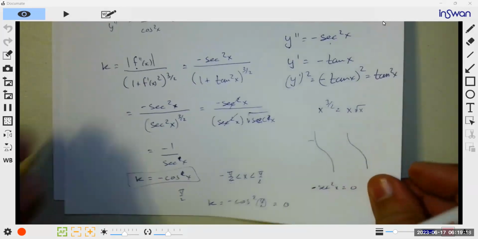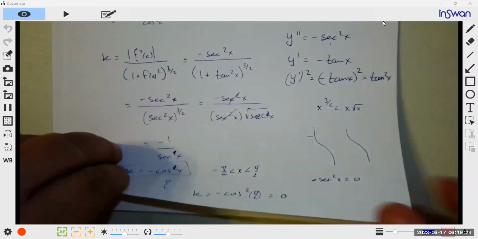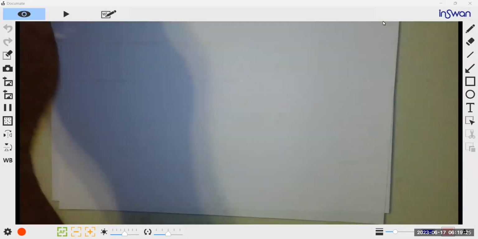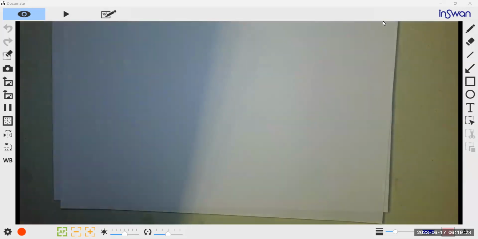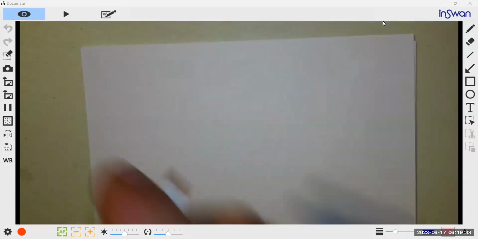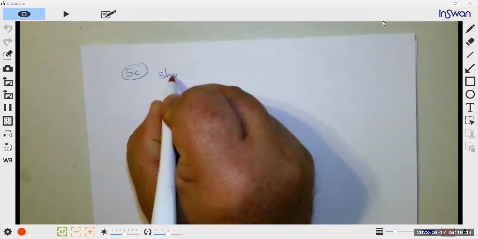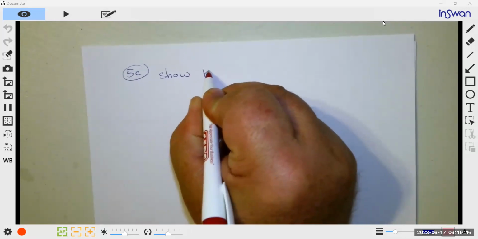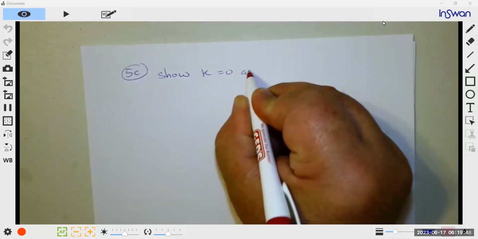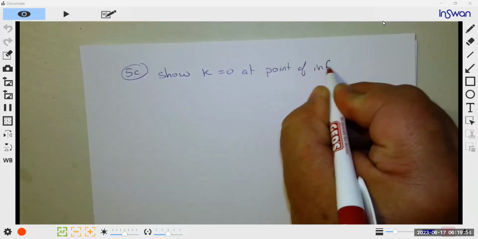Now the last one was to show that the curvature is 0 at the point of inflection.